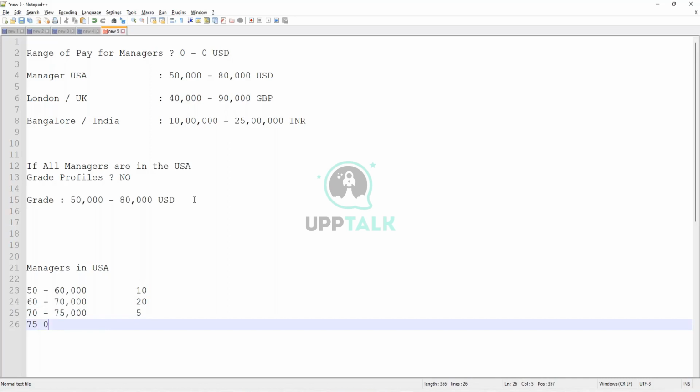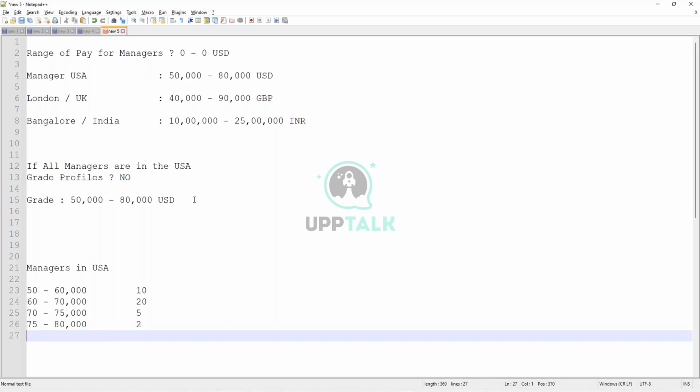If I break it down into sub-segments and tell you how my employees are getting paid, this is better for statistical analysis, right? So whenever an organization wants to understand the way it is paying its employees, it is always better to break it down into this kind of meaningful data.